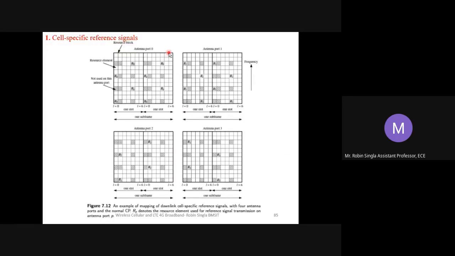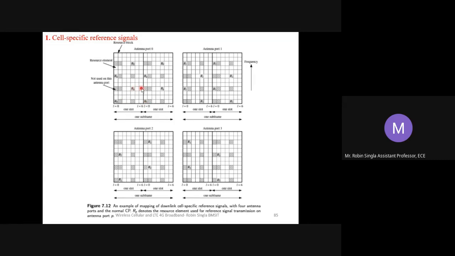So you see here, this is antenna port 0, and this is antenna port 1, and one small box represents a resource element, and this one big square represents a resource block. The resource element which is crossed, in gray color, is not used. And where R is written, that is used for reference signals.